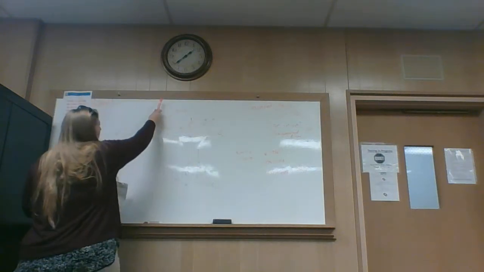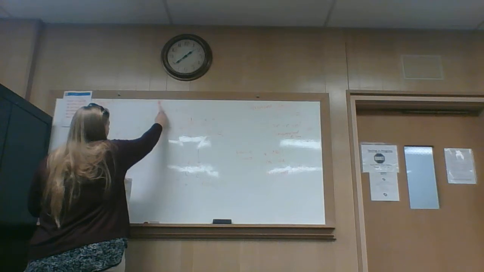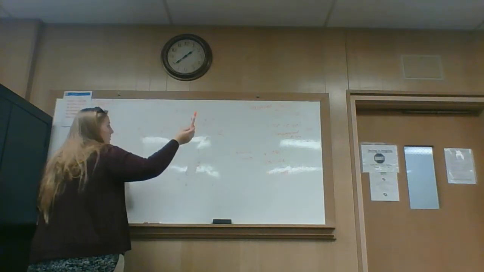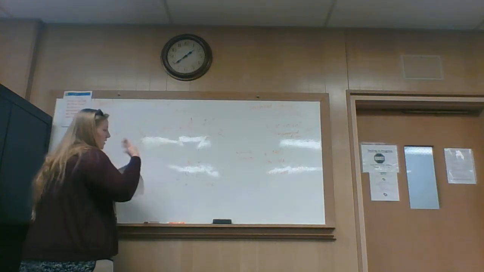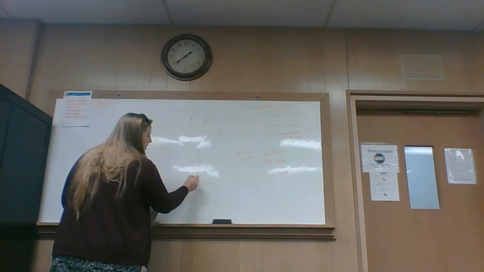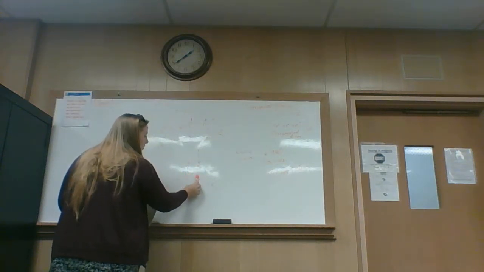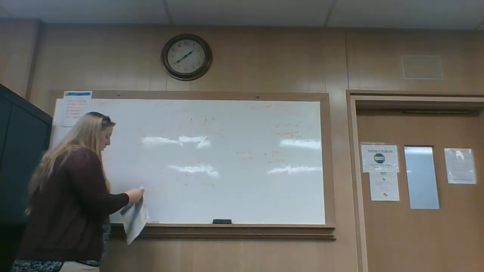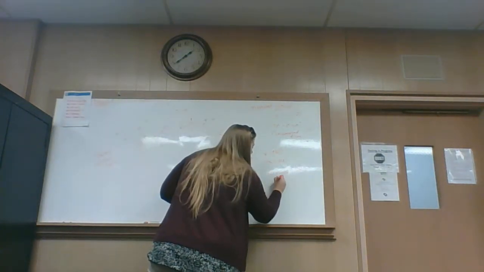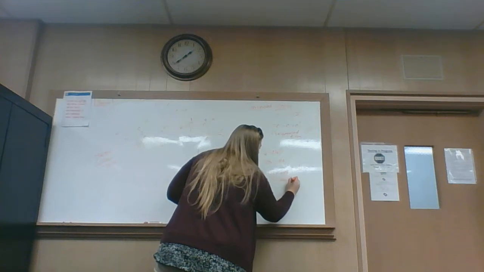Because you've broken this double bond, you've freed up a place here for the bond to take place, and you have a positive charge here that wants to react with something to receive its electrons. This is referred to as a 1,2 addition, because if you were to count them, 1, 2, 3, 4, the carbons are right next to each other. So the less stable product is referred to as a 1,2 addition.